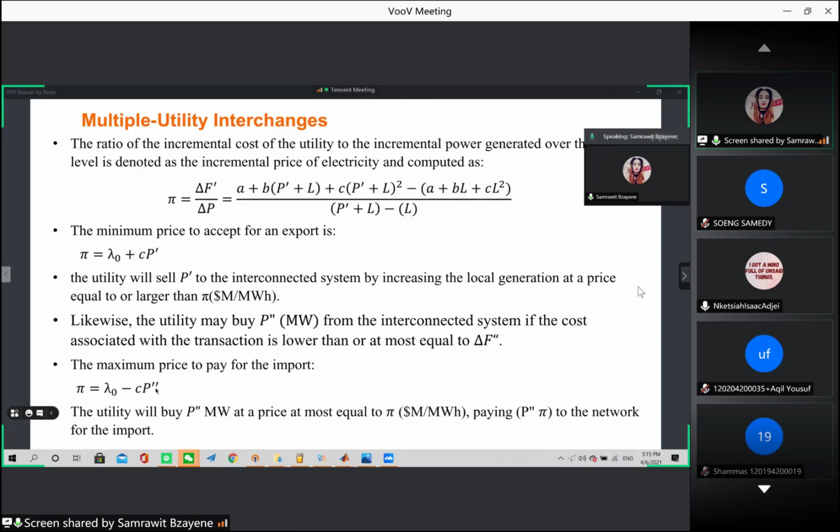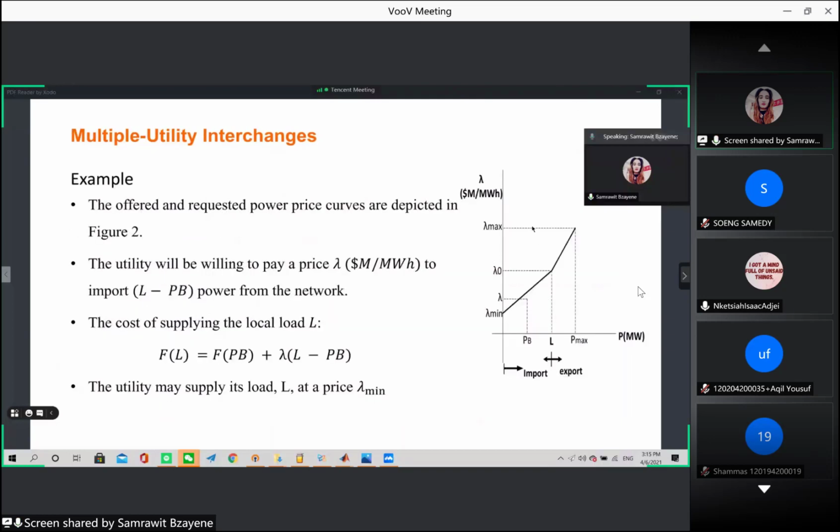This double prime is for importing, while the single prime is for when we want to export or sell. This graph shows us the offer and request price graph.